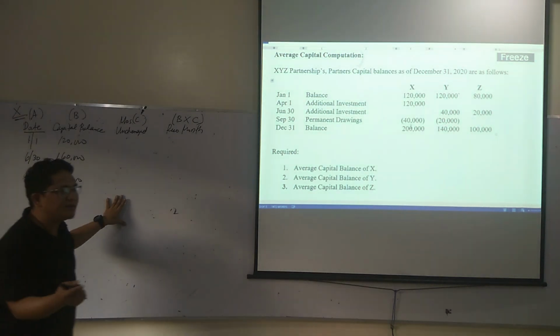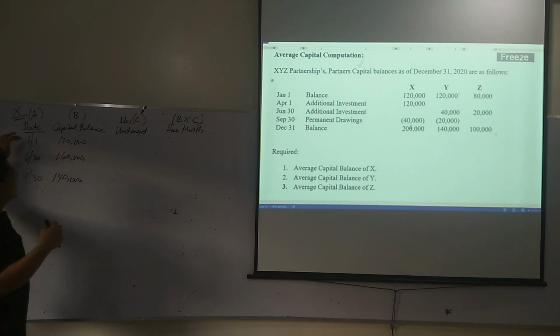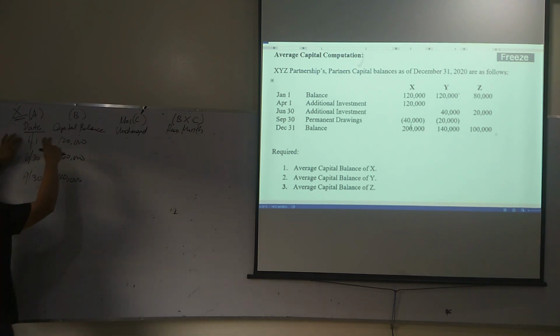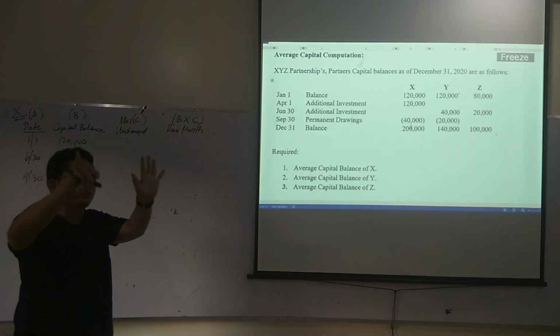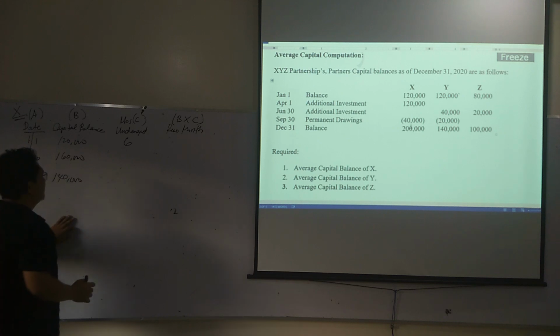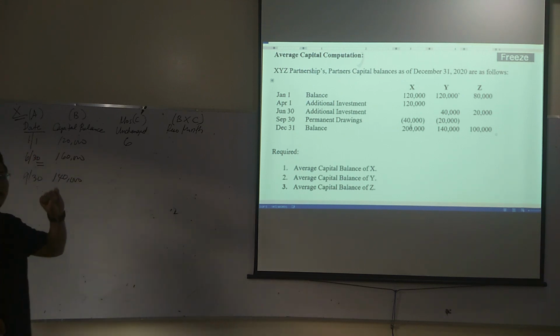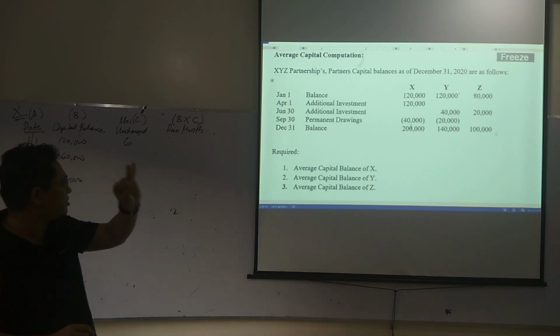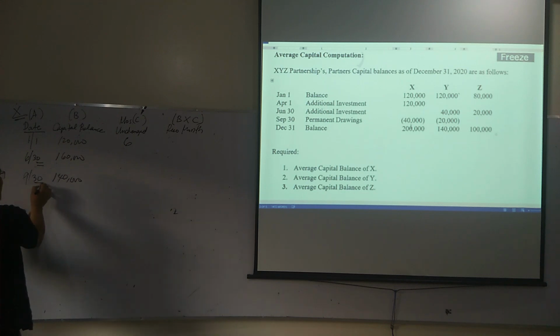Let's compute the months unchanged again. From January 1, his capital is 120 for January, February, March, April, May, June. That's 6 months. Since June 30 is the end of the month, we start counting from July, August, September. We include September because it's the end of the month.